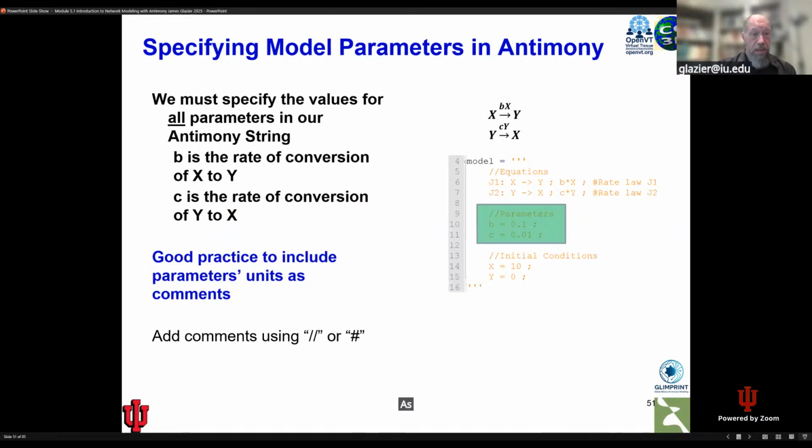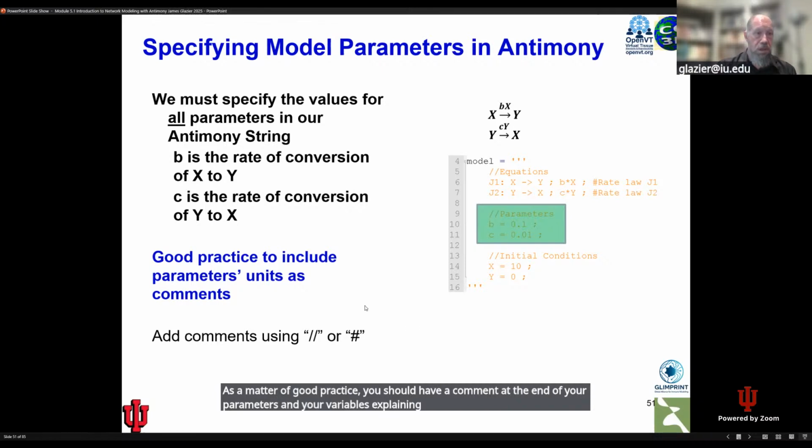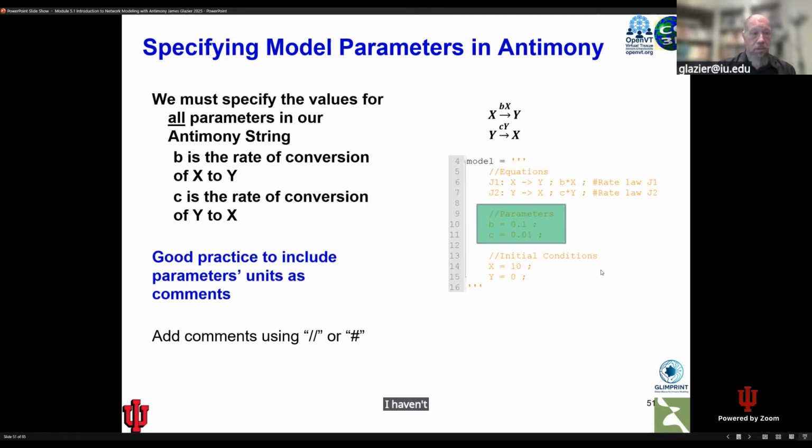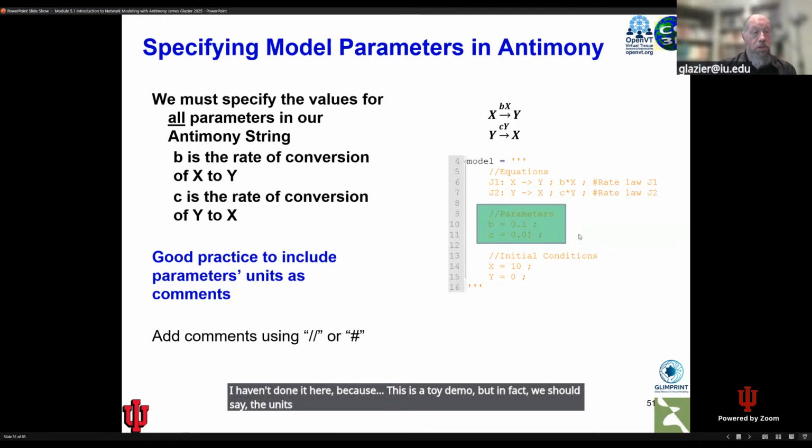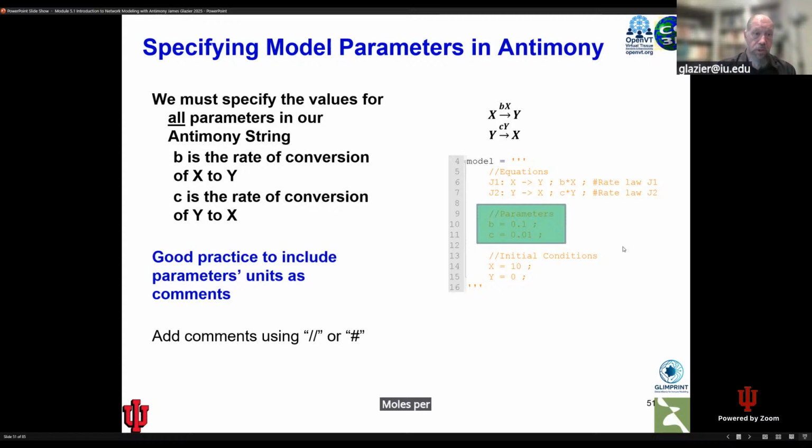As a declarative language, Antimony requires you to specify the values of all parameters. It will throw an error if you don't do that, and the initial values of the variables. As a matter of good practice, you should have a comment at the end of your parameters and your variables explaining what the units are. I haven't done it here because this is a toy demo, but in fact, we should say the units of B are moles per second.